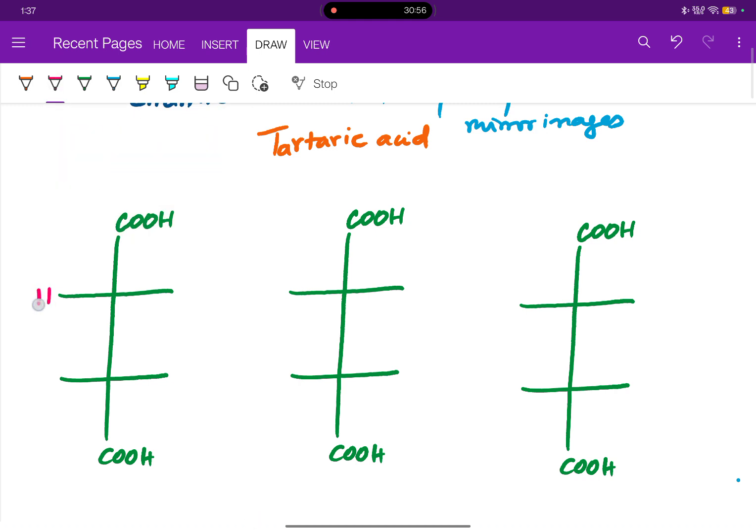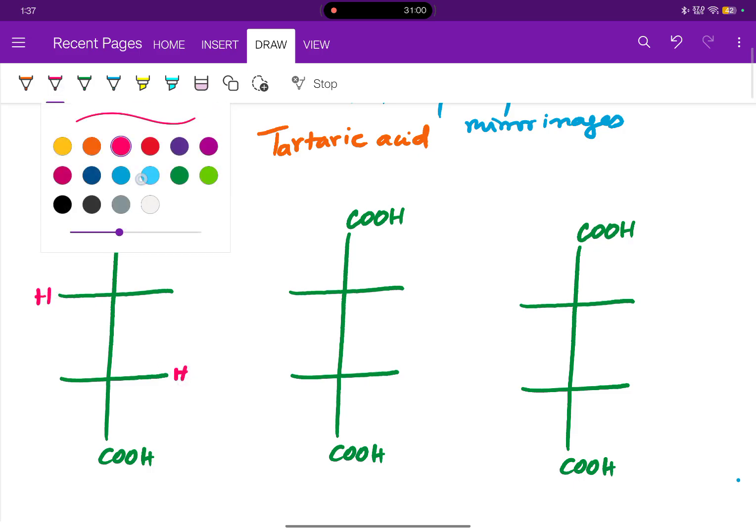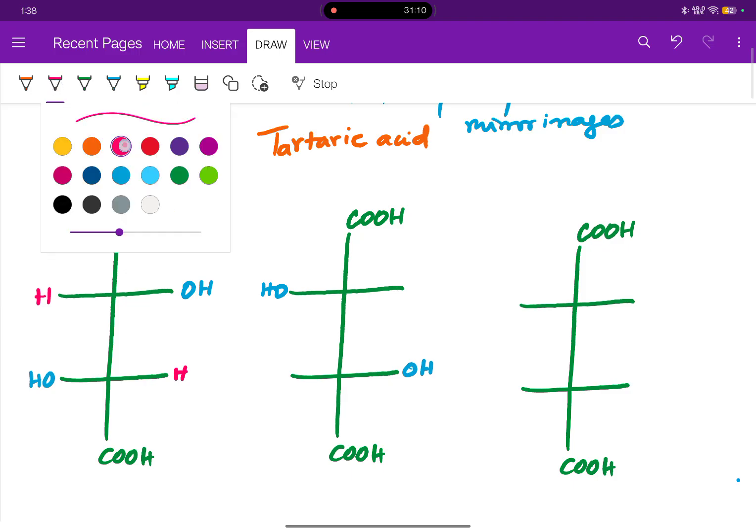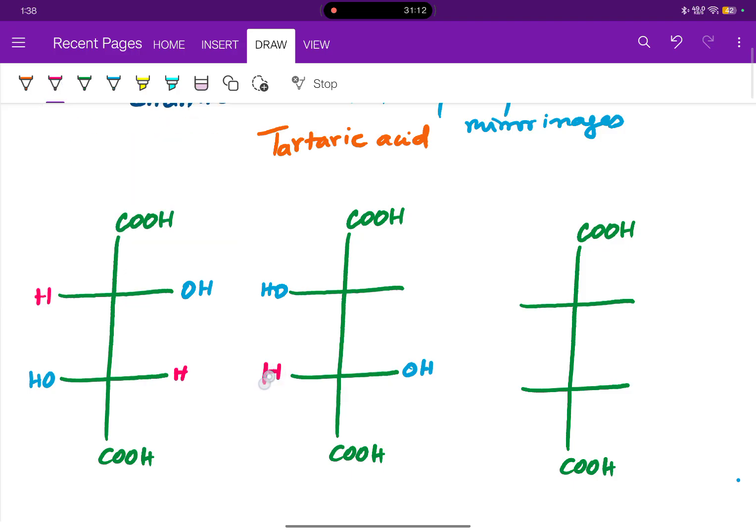So you can have hydrogen in the opposite direction or the OH group in the opposite direction like this. So if you want to draw the mirror image, you can draw the mirror image also like this. Am I right? Yes, sir. Another option is also there, no? They both can be on the same direction.